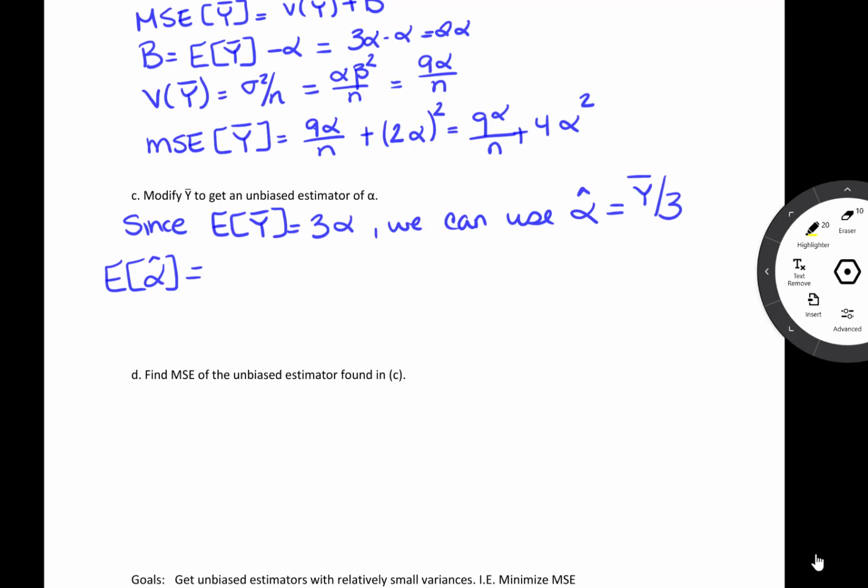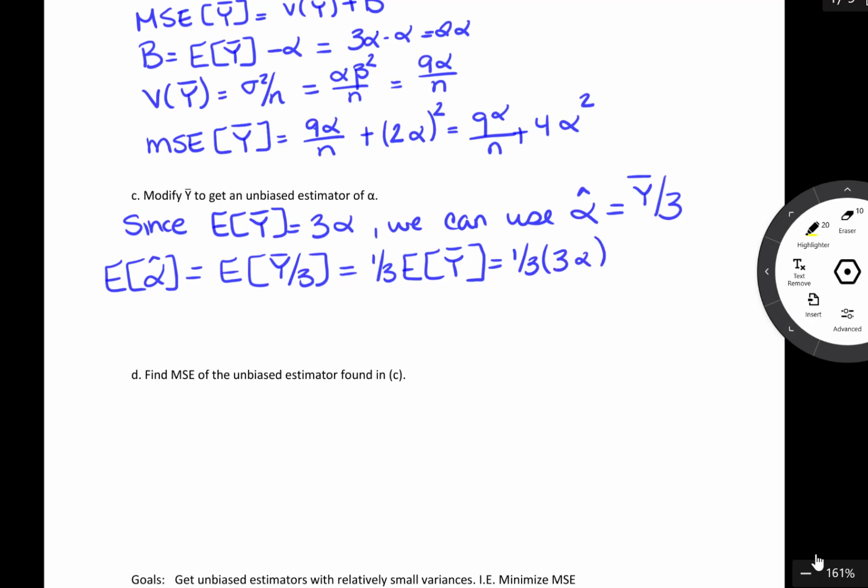Well, the expected value of alpha hat is equal to the expected value of y bar divided by 3, which is equal to 1/3 times the expected value of y bar. And we've already shown that that expected value is equal to 3 times alpha, so this is indeed alpha. So alpha hat, which is equal to y bar divided by 3, is an unbiased estimator of alpha.